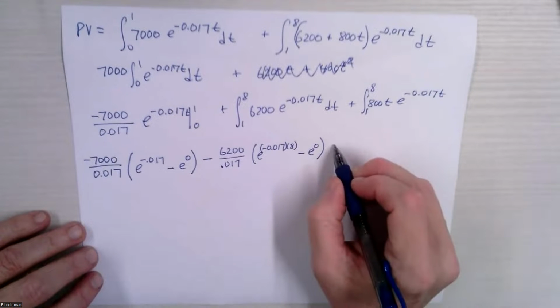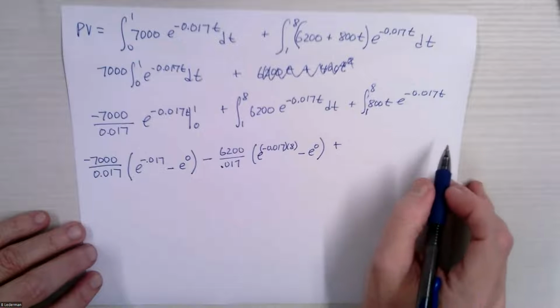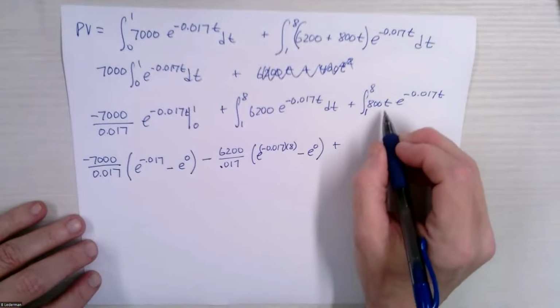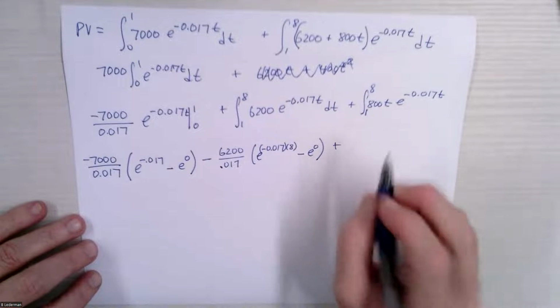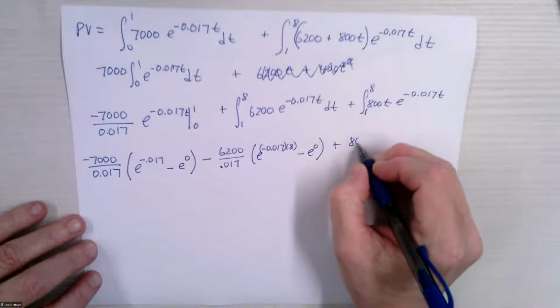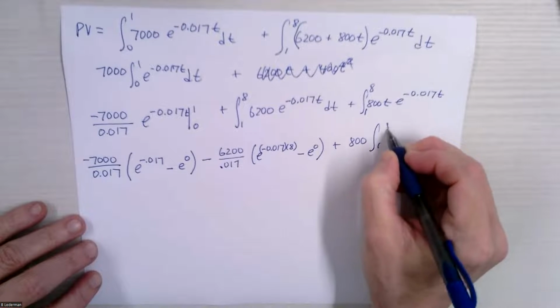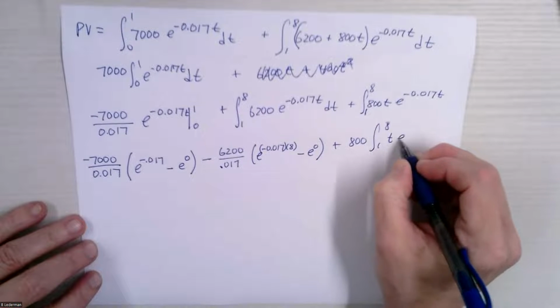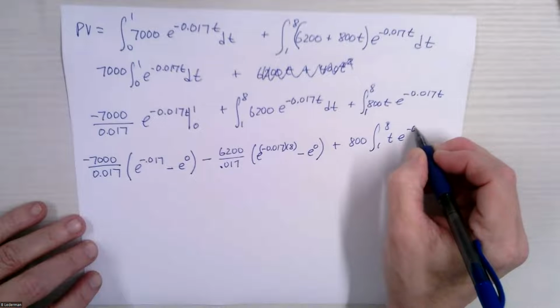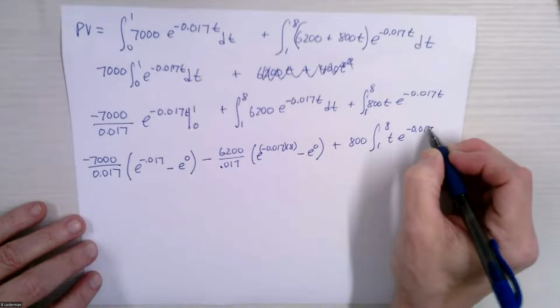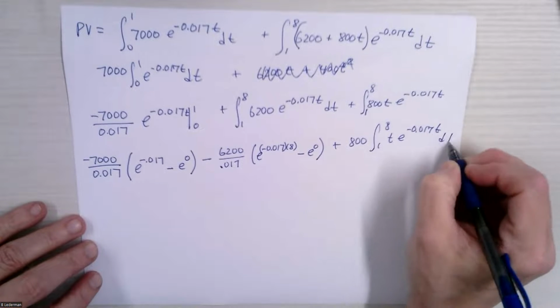Now the last integral, I'm going to have to do integration by parts. So I'm going to pull out the 800. It's plus 800 times the integral from 1 to 8 of t e to the negative 0.017 t dt.